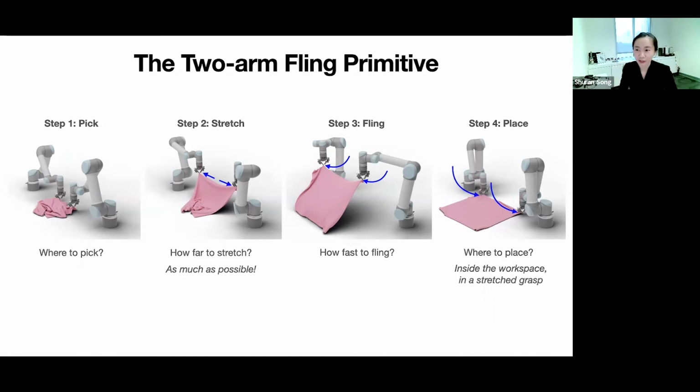The Fling primitive itself is a fixed primitive in which the 2 arms execute a similar trajectory, but the grasping location is a prediction that is not mirrored. We predict the parameters for both arms together, and because it's a centralized controller, they don't need to worry about each other. Cool, thank you. There are also some careful designs of the action primitives so that the arms don't collide with each other. I think that's very interesting, but today I'm going to skip that part.